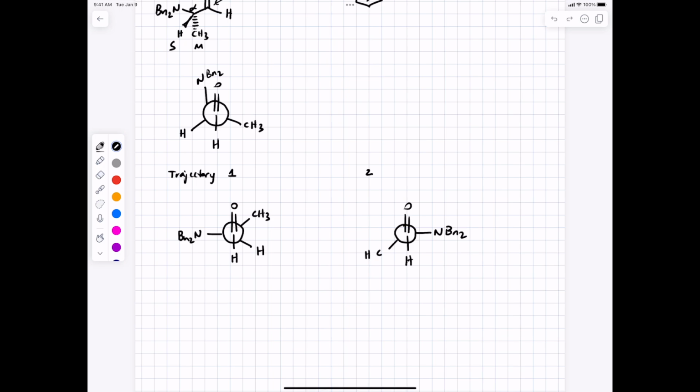That's a terrible trajectory. And then hydrogen here. So we are essentially talking about the difference between the nucleophile attacking this way versus this way.